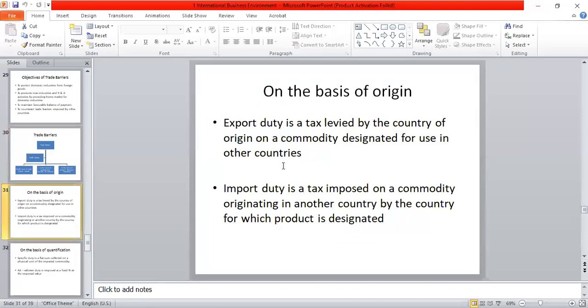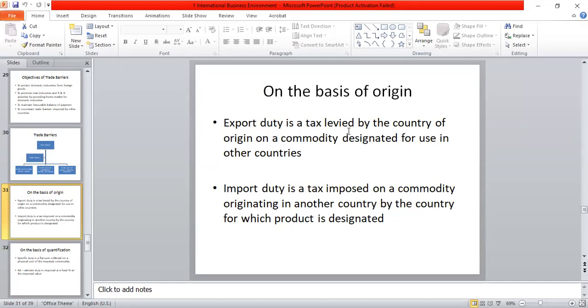On the basis of origin, export duty is a tax levied by the country of origin on a commodity designated for use in other countries. And what about import duty? Import duty is a tax imposed on a commodity originating in another country by the country for which the product is designated.